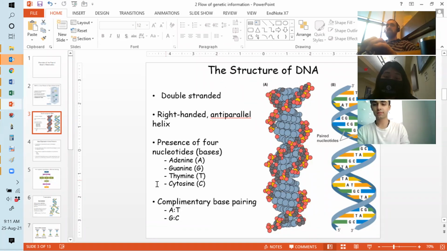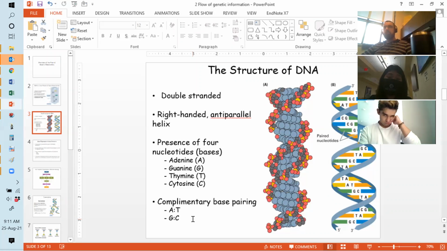We've got 4 bases. We've got complementary base pairing. We covered this last class, right? So you can all remember how many bonds are between a guanine and a cytosine. Excellent. How many between an adenine and thymine?